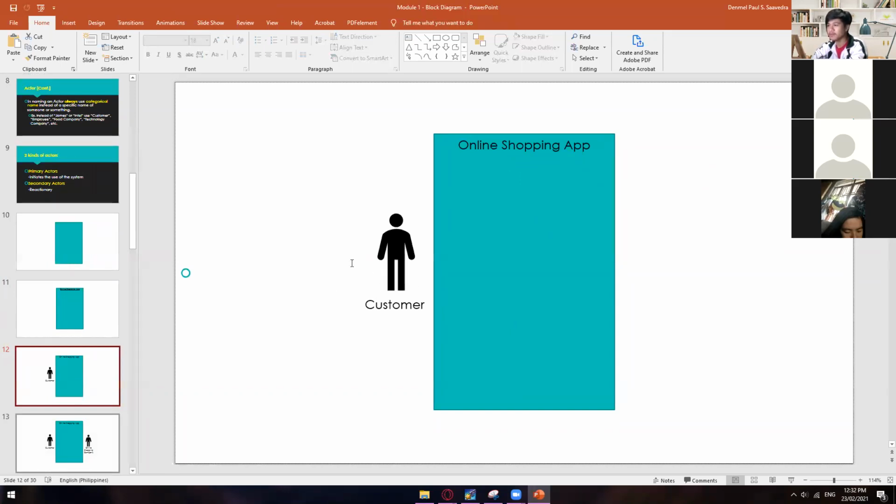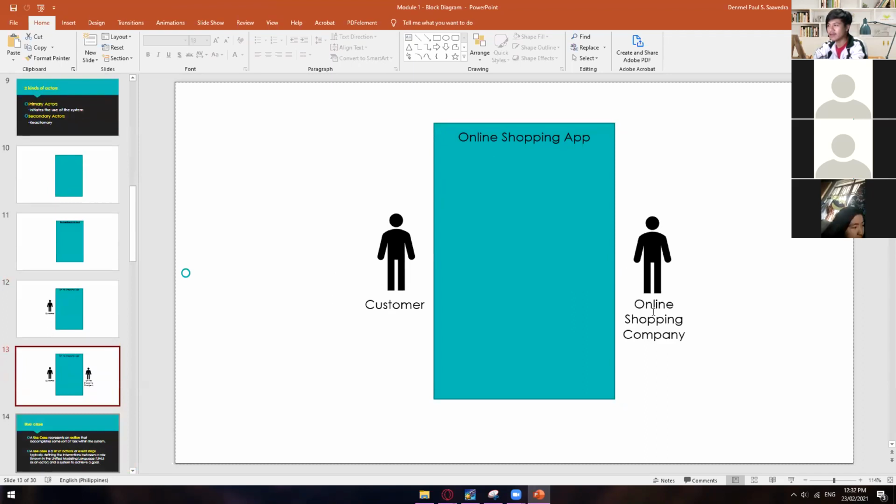From here, we already know that this online shopping app will be used by a customer. Next one here is the online shopping company. Yes, this is an application, but we can have many online shopping companies here. We could have another company here, which is Lazada, or actually there is another thing in making that one work in here. So you can have a children.